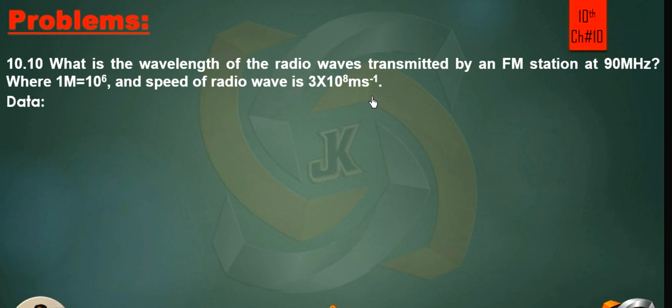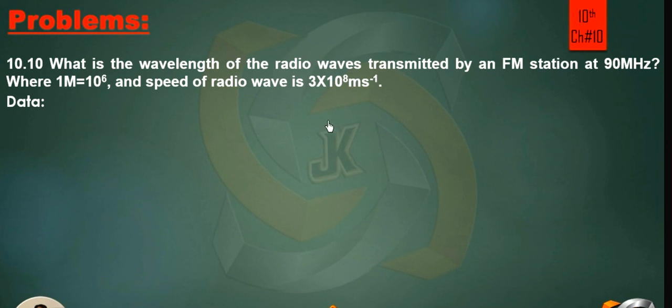We will write the frequency that we are given with, and then the speed of the radio waves. Then it will become very easy for us to apply the wave equation, making wavelength the subject. On making wavelength the subject, we will substitute the values, and then we will be able to find the wavelength.